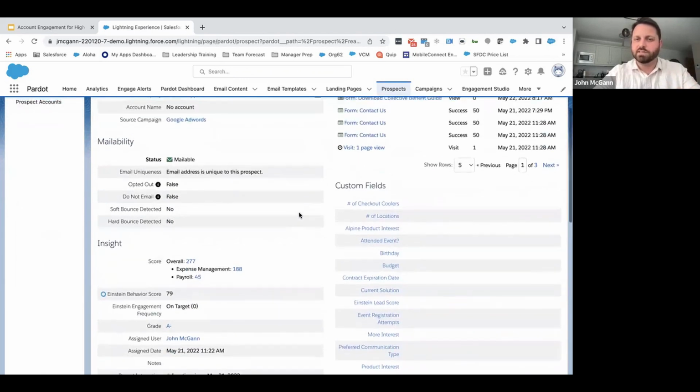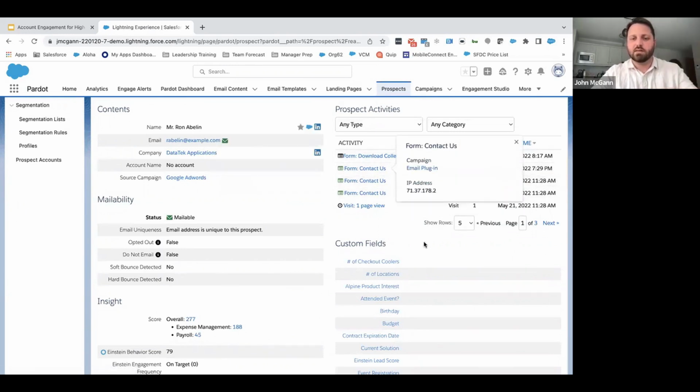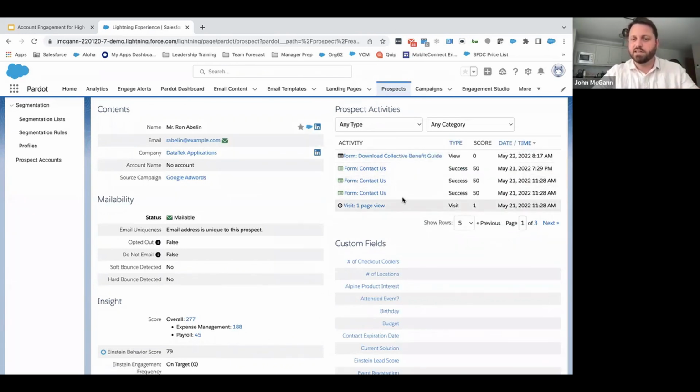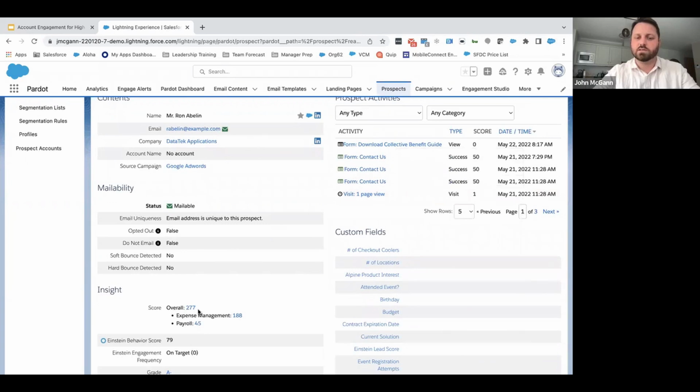And what a score is in the Salesforce Marketing Solution is how interested Ron is in us as a business, based on all of his engagement that is taking place, right? So for these activities that you see here, anytime he engages, visits a page, downloads a white paper, fills out a contact form, whatever that might be, we're attributing a score to that particular activity, and that's painting a picture and building up his overall score.